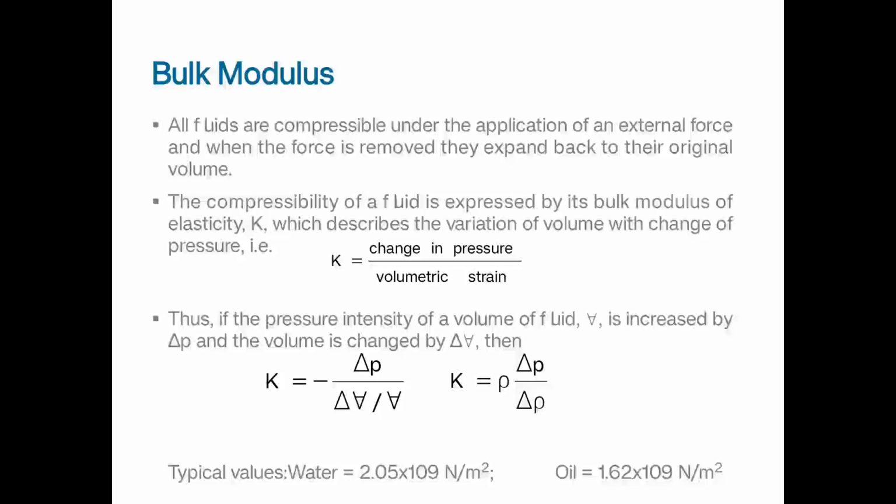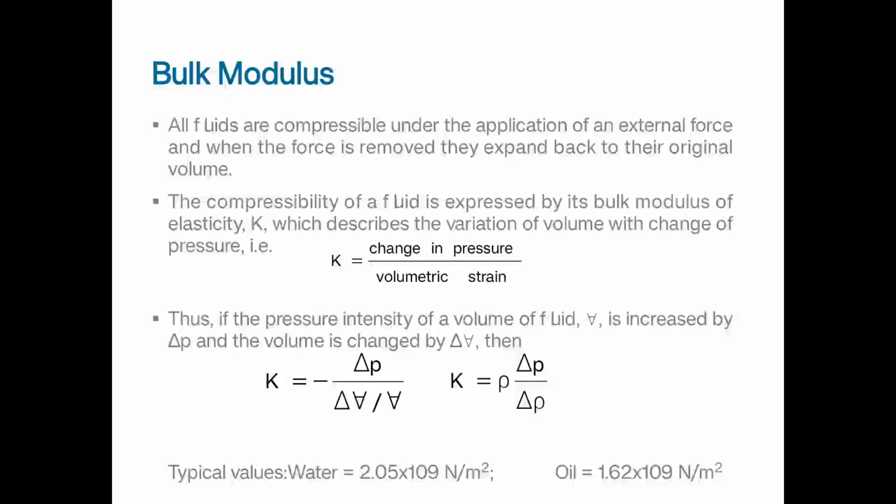So the compressibility of a fluid is always expressed by its bulk modulus, which is described as the change in the pressure, or the force acting on a uniform area, with respect to the volumetric strain. Strain is the difference in the volume, which means change in the volume divided by the original volume. So the strain is a dimensionless quantity here.